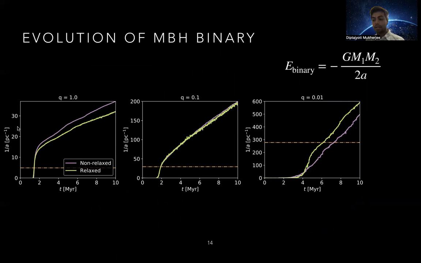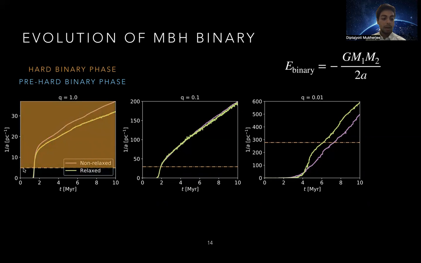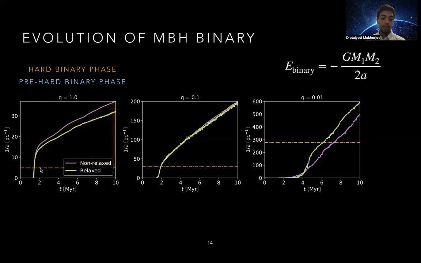The reason why we're interested in the inverse semi-major axis is because the binding energy of the binary is proportional to its inverse semi-major axis. So let me demarcate the pre-hard binary phase from the hard binary phase. The pre-hard binary phase is the one that's shaded in blue, and the hard binary phase is the one that's shaded in yellow, demarcated by the hard binary radius.